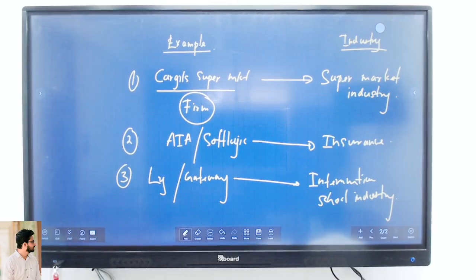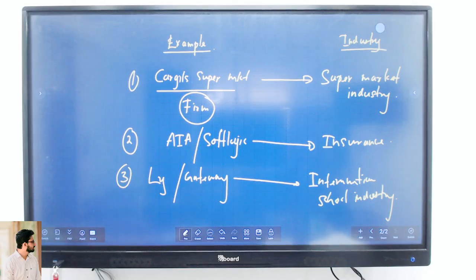I've seen some advertisement of Hutch Airtel, but recently I did not see any advertisement. Right. Anyway, understand the difference between industry and firm. Right. Next one.